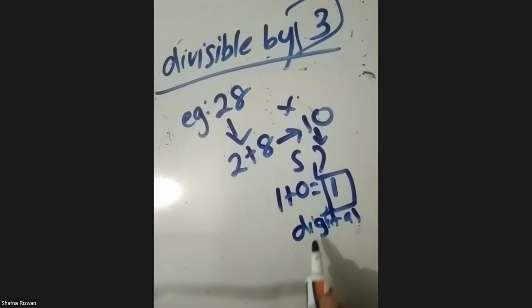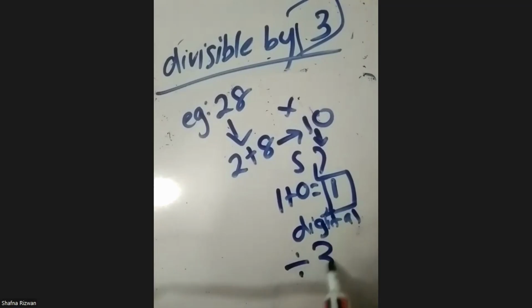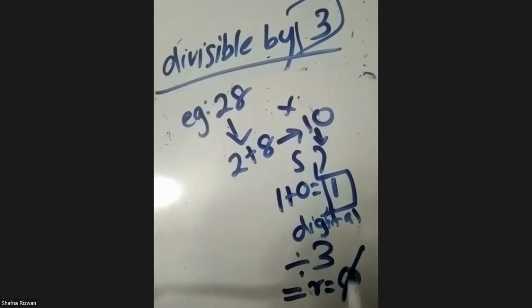So, say me whether this 1, the digital root of the number 28, is divisible by 3 or not. Can you divide it by 3? No. That means you can divide, but you will get a decimal answer. So your remainder will not become 0. When the remainder is not 0, this number 1 is not divisible by 3.